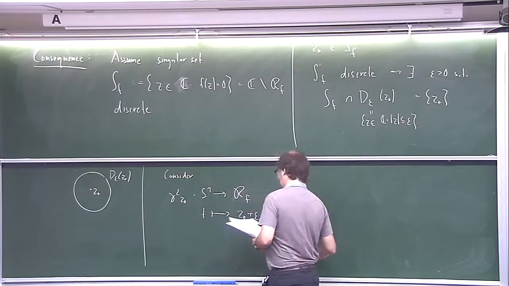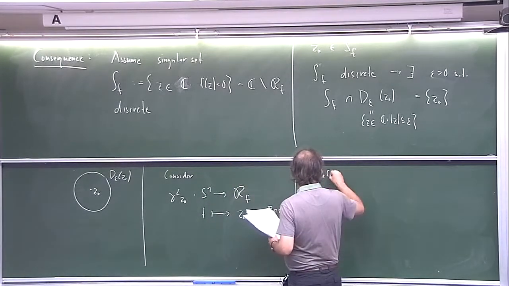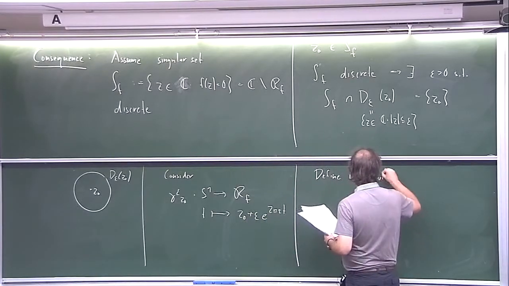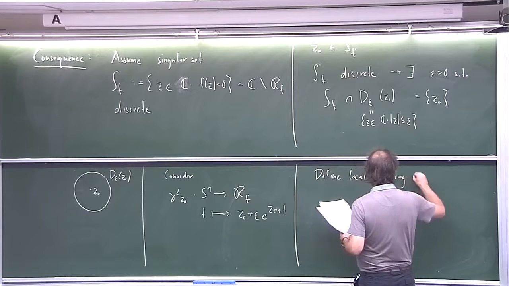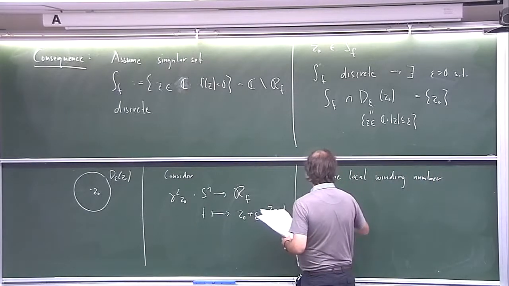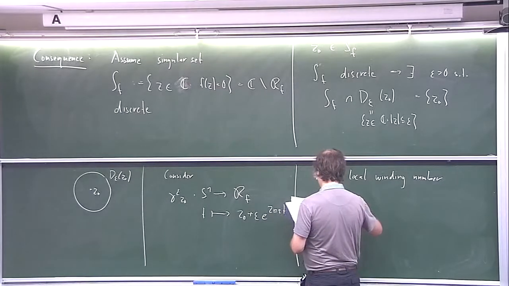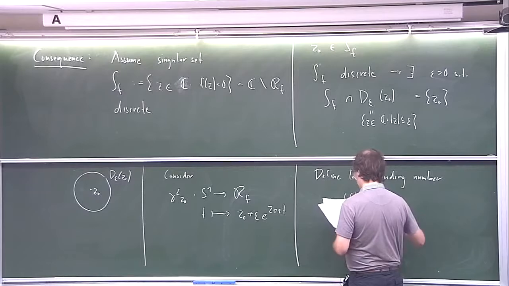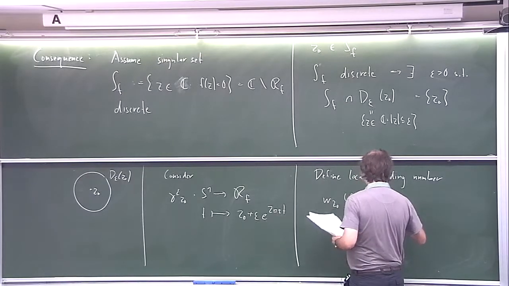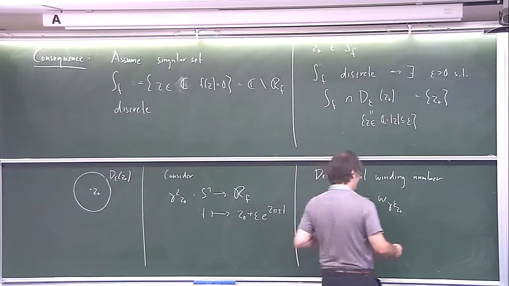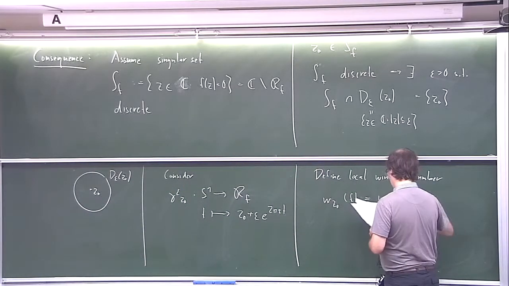And then define the local winding number W z0 of f. This is just defined as the winding number around this loop around z0.